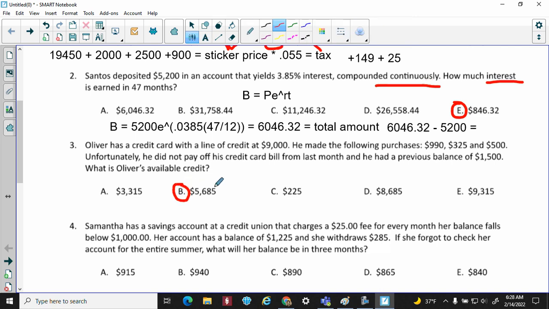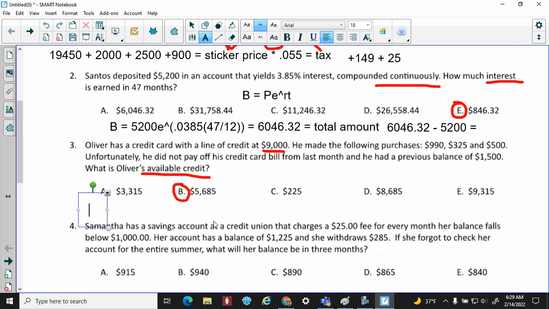All right, so let's see. Oliver has a line of credit of $9,000. He made the following purchases, and unfortunately he did not pay off his credit card bill. What is his available credit? So he made the following purchases: $990 plus $325 plus $500, but he did not pay off his credit card bill, so it's carrying an additional debt of $1,500.